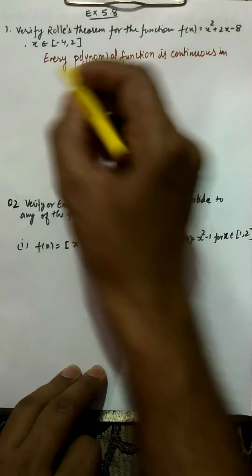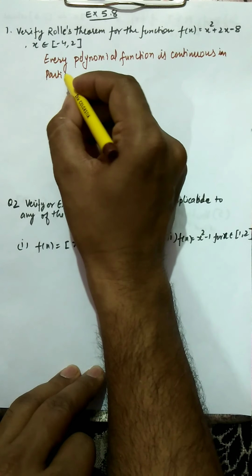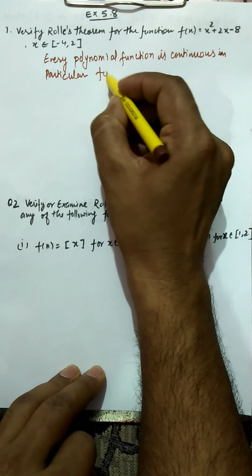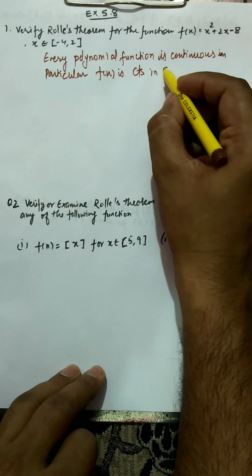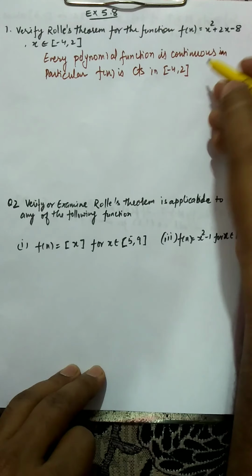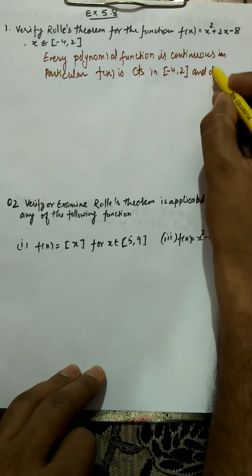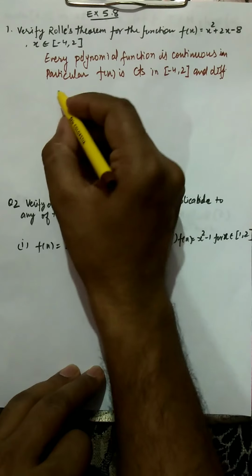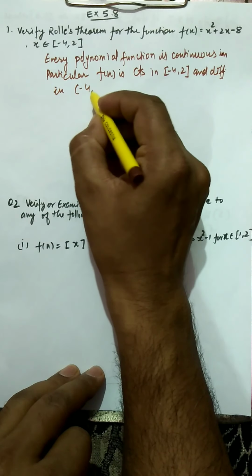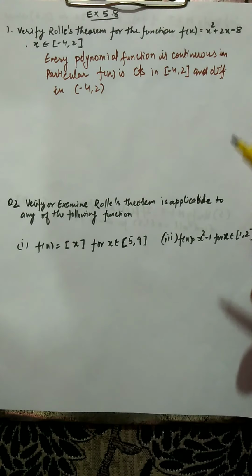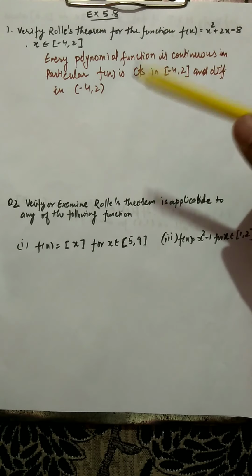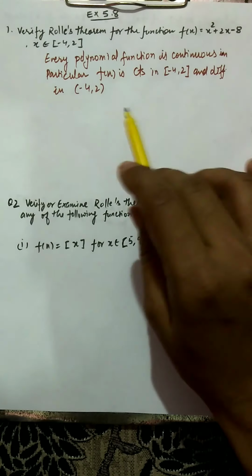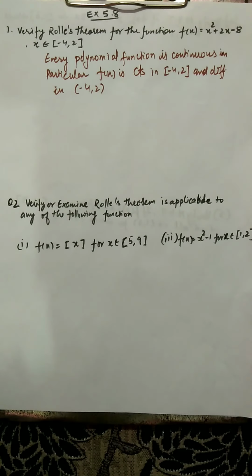In particular, f(x) is continuous in the closed interval minus 4 comma 2 and differentiable also in the open interval minus 4 comma 2. Every polynomial function will also be differentiable as well as continuous. So you can state that result. This is a well proven theorem that is proved in the NCERT book, so you can use that statement directly.